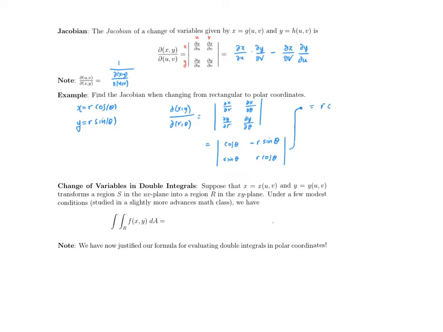We multiply down the main diagonal. We subtract away what we get when we multiply down the cross diagonal. But we're subtracting away a negative, so minus a minus becomes a plus r sine squared theta. So r times cosine squared plus sine squared. Remember, cosine squared plus sine squared is 1, and we end up with an r.